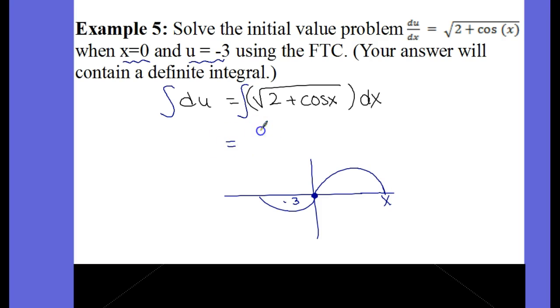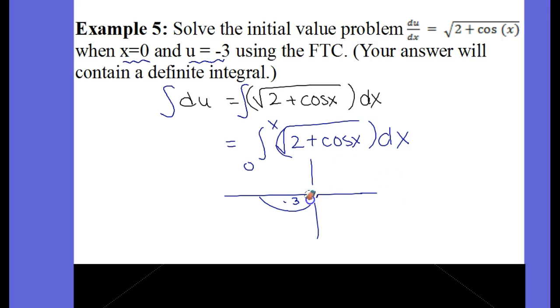Okay, so now I want to take 0 to x of what I have. How does that 3 come into play? What would I do with that 3? How could I incorporate the 3? Or -3 rather.